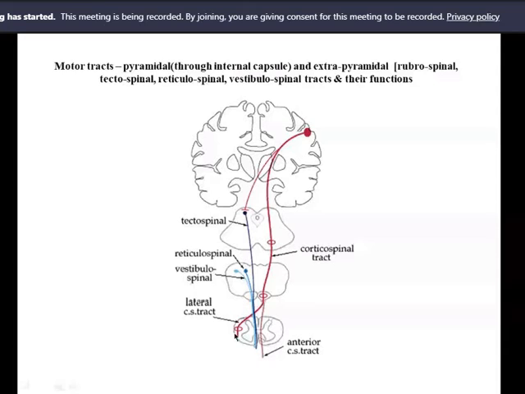Hemi means half, plegia, right? And this is about the pyramidal tract, and I think we have already read this one. Is it brushed up now?